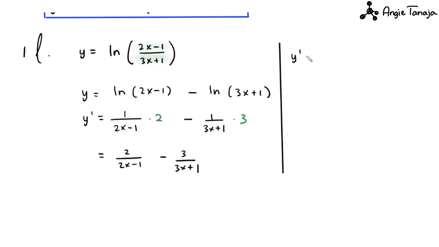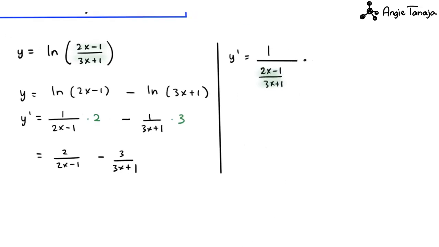What I do is 1 over 2x minus 1 over 3x plus 1 times with the u over v, which is more complicated. U prime v minus uv prime over v squared.